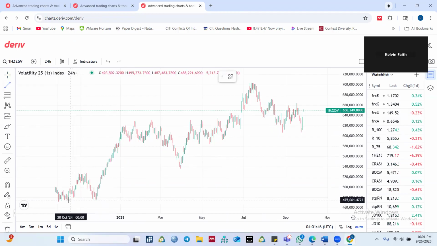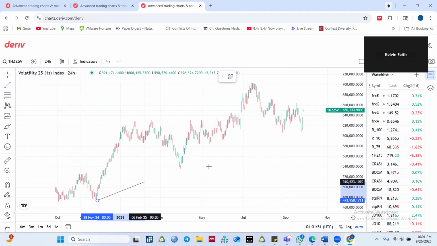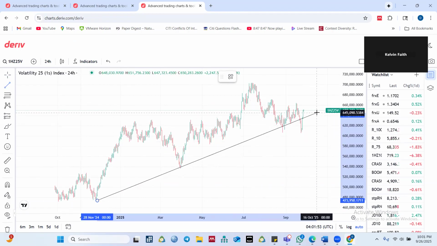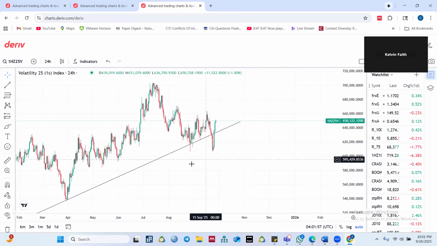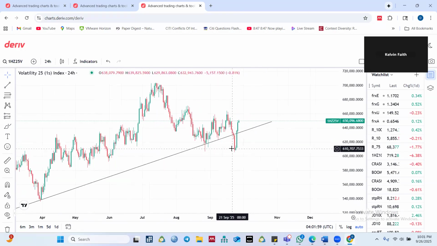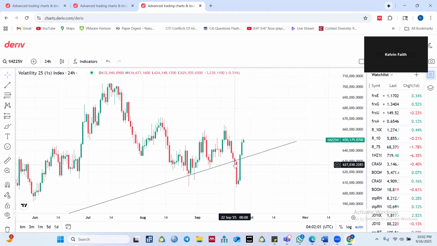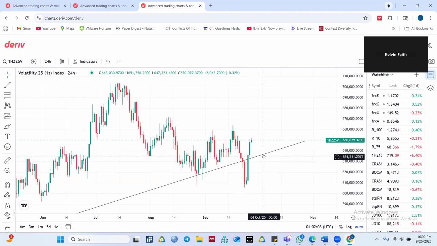So I can draw a trend line like this. I can see the trend line is broken with a full bearish candle and price pushed up above the trend line, which is funny.